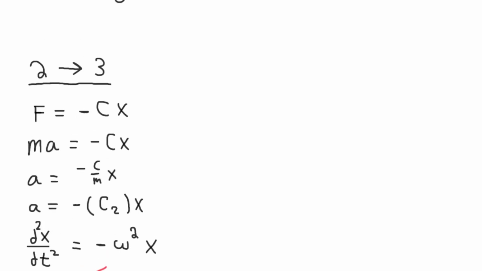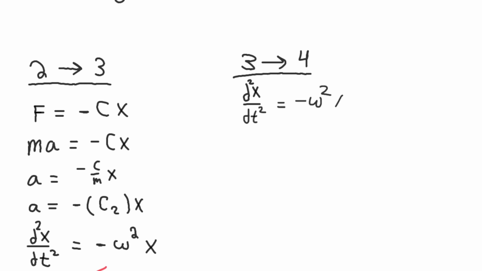All right, and then we're going to prove that 3 implies 4, which says that if this is your differential equation, d squared x dt squared is equal to negative omega squared times x, we want to show that a sine curve actually satisfies this.